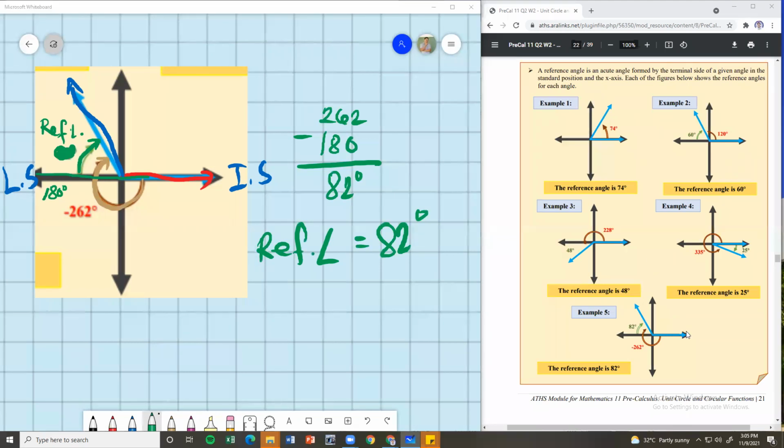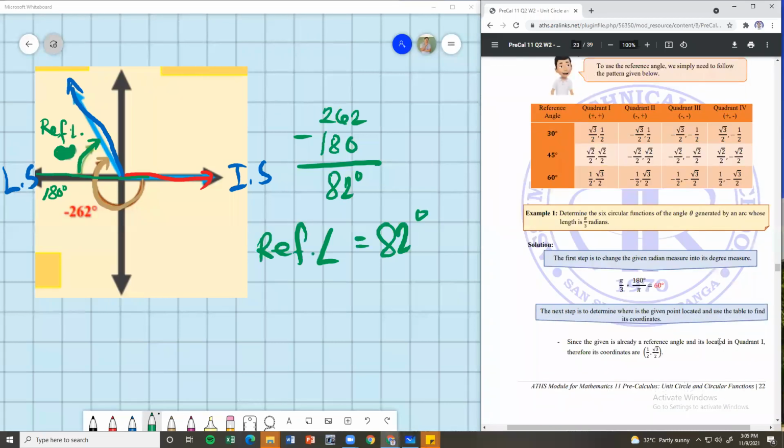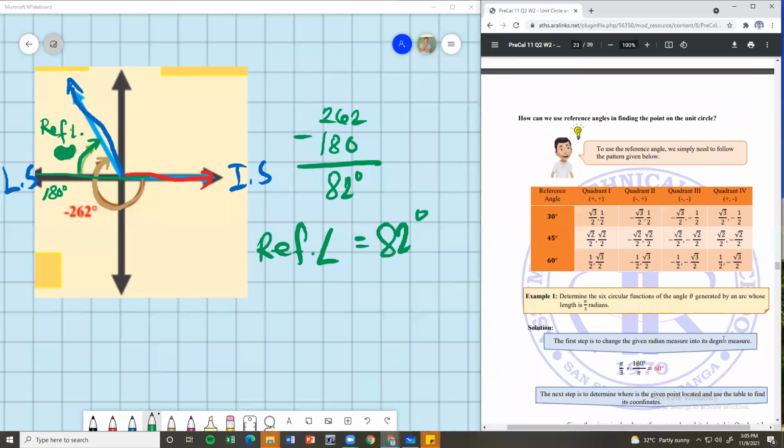Show a reaction if you understood that process. Let me see. Okay, very good. Okay, next. Okay na tayo doon.